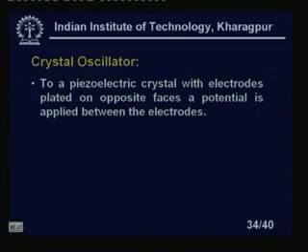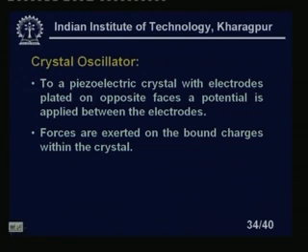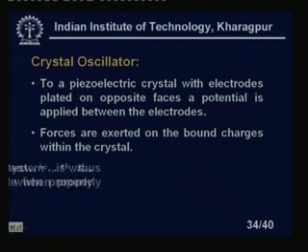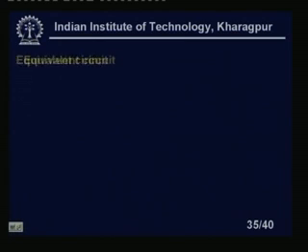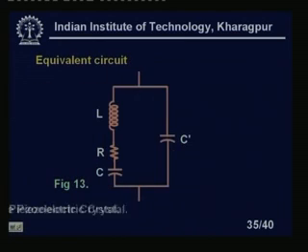You see two piezoelectric crystals with the electrodes plated on the opposite faces. When a potential is applied between the electrodes, forces are exerted on the bound charges within the crystal. An electromechanical system is thus formed which will vibrate when properly excited. The equivalent circuit is like this one, you see.